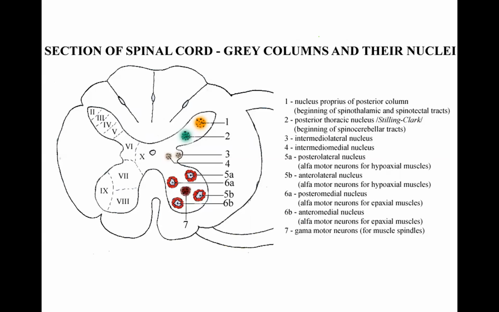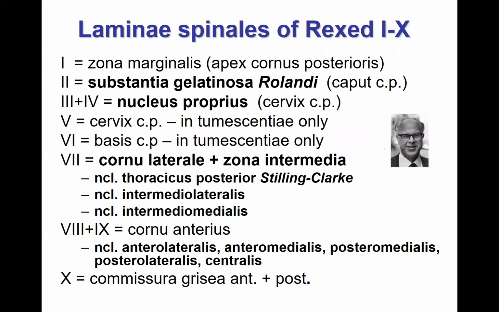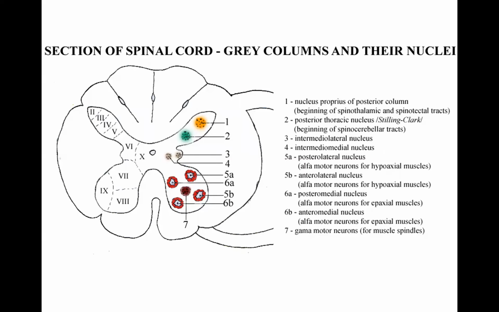That's why there was a Swedish guy, Rexed, and he decided to divide the gray matter into 10 spinal laminae, or 10 zones. Here are the numbers and the names. When we go back, you can see that number 1 is somewhere here, and then we go from dorsal to ventral. So this is one of the divisions which is necessary to know.